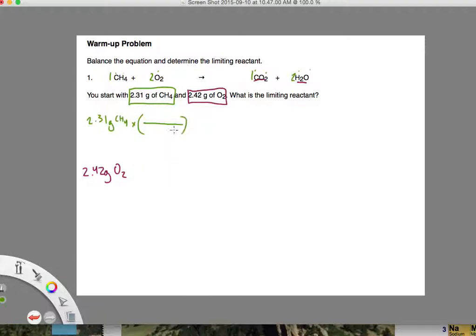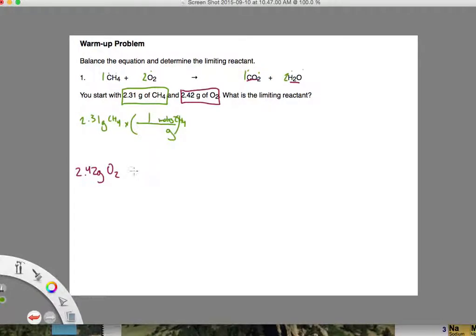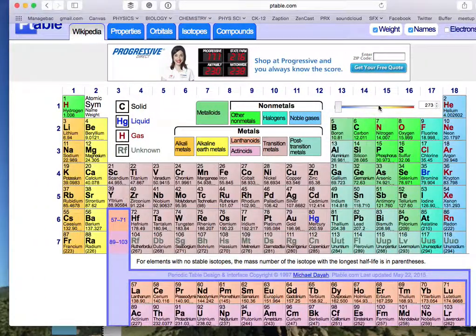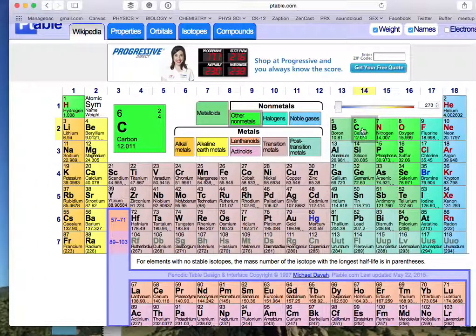So how do I change this into moles of CH4 molecules? To do that, I've got to put the grams down below and the moles of CH4 molecules on top. So 1 mole of CH4 is how many grams? Now, you know how to do this, at least you should by this point. You look up carbon, which is the C in CH4, and the H's in the CH4.